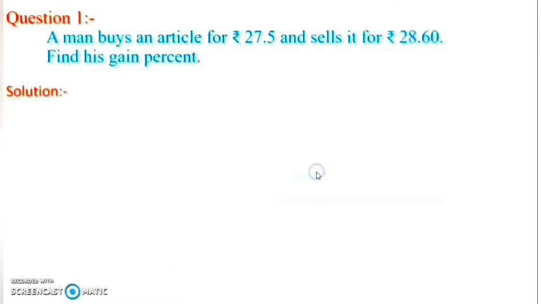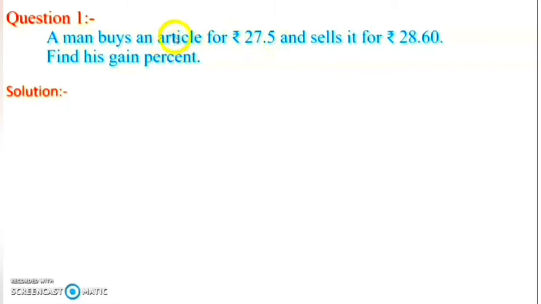So the first problem here is, a man buys an article for rupees 27.5 and sells it for rupees 28.60. Then the question is to find the gain percent. Now clearly you can see that the man is buying the article at rupees 27.5.